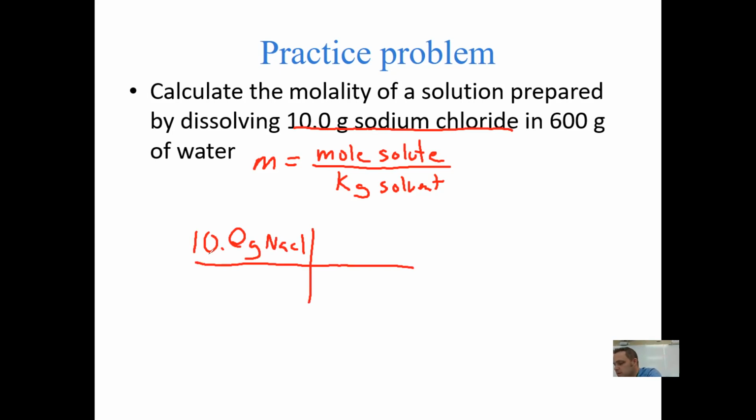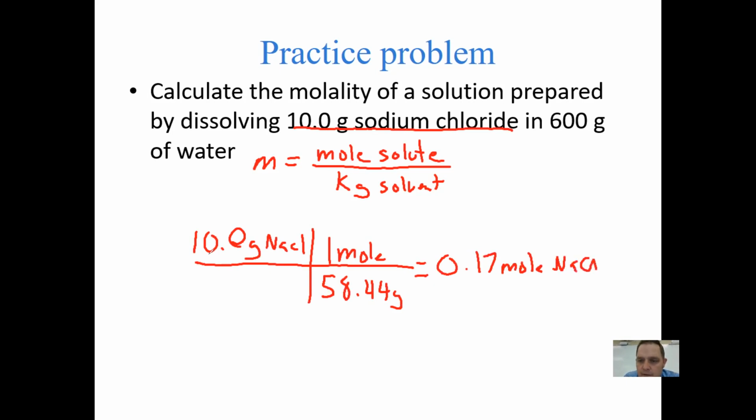And the molar mass of this I've got to be 58.44 grams times 1 mole. And my answer, I get 0.17 moles of sodium chloride. So that gives us the top number.